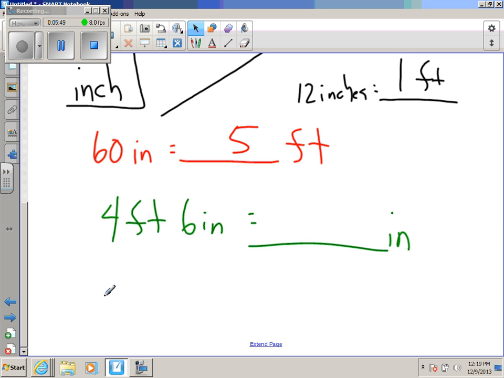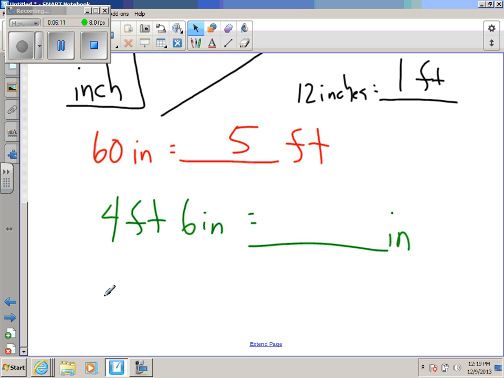It doesn't work that way with this. The relationship between inches and feet isn't 10 inches per foot, it's 12. So it's not a matter of just moving the decimal. Metric system is much easier to convert because that's all you're doing. But the customary system is what we're stuck with. That's the one we're going to use.